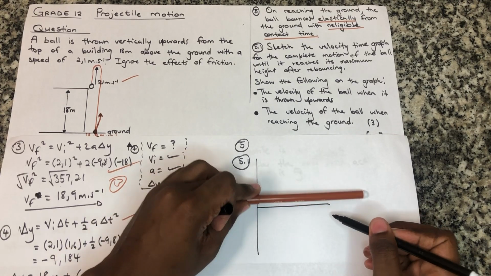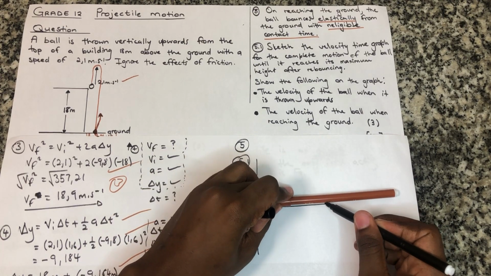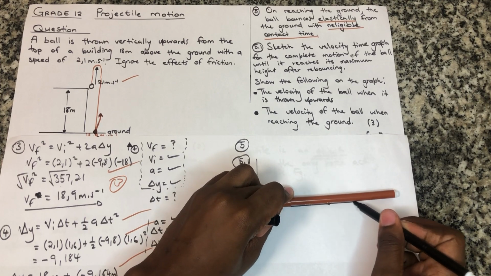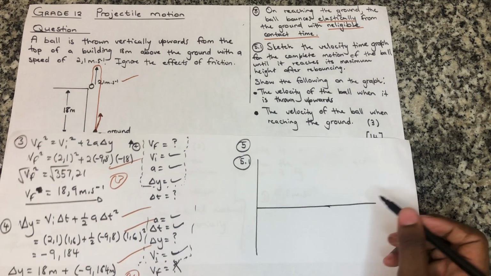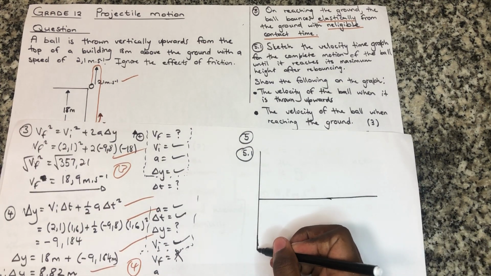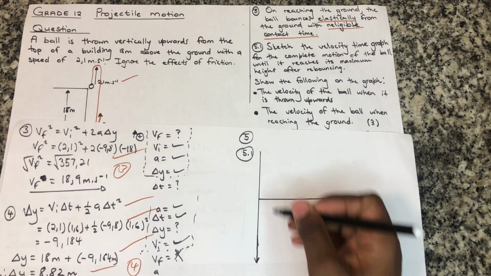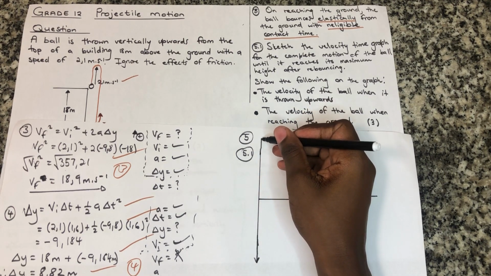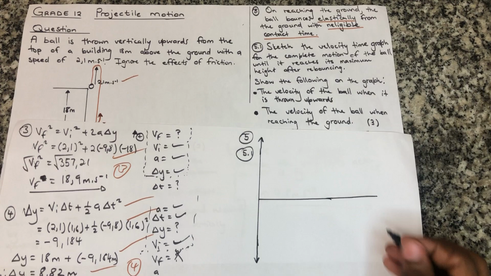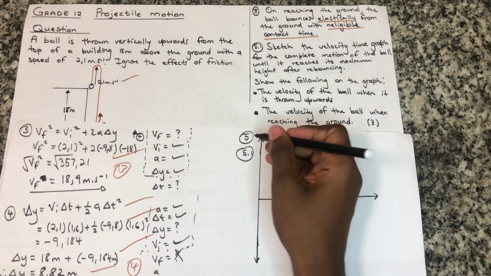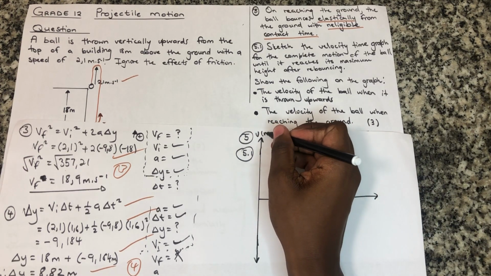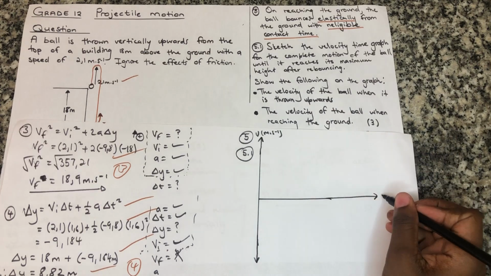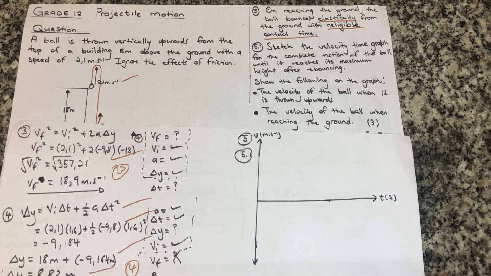Please forgive me, I'm not going to be on scale, guys. Okay, so we have velocity on the y-axis in meters per second, and we have time in seconds there.